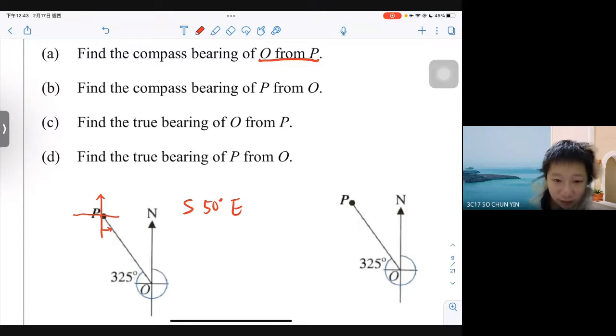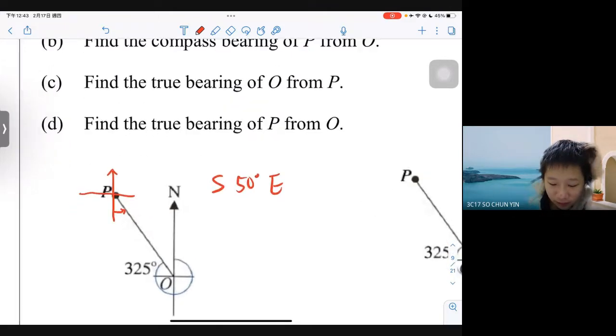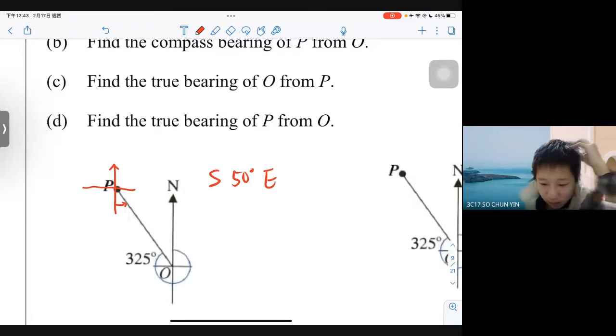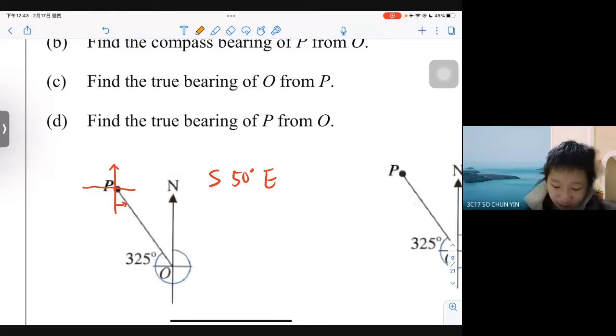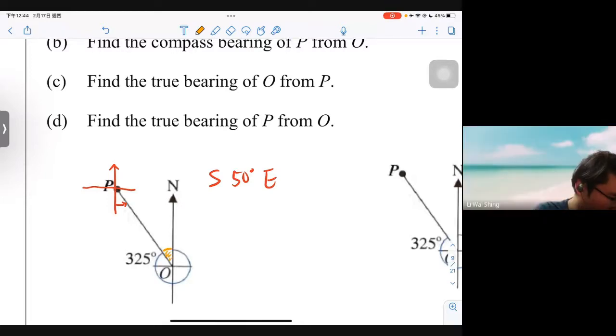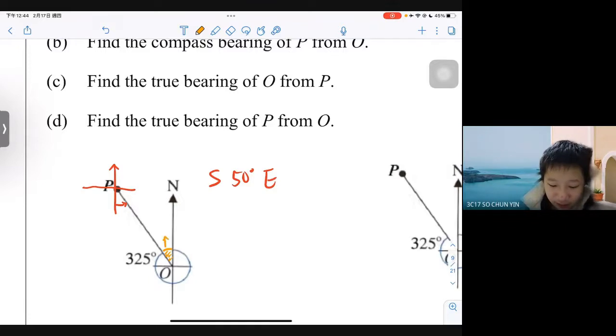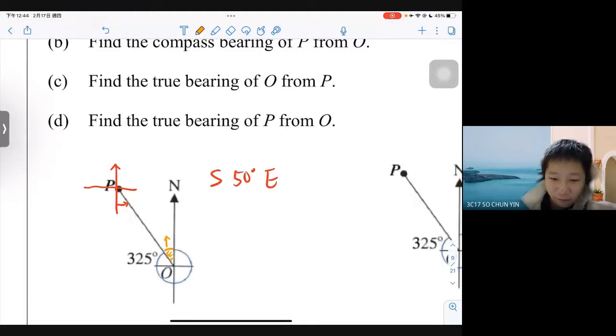I found the true bearing of O from P, and how to find the true bearing then? 360 degrees minus 325 degrees. Or you find this angle. And what is the angle size? And it plus 90 degrees is equal to the true bearing of O from P.